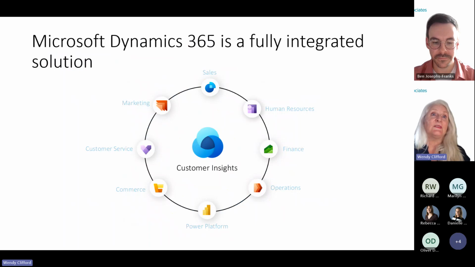The customer service, sales, and marketing are all part of what is known as customer engagement. So that's our focus. We don't really operate in the finance world. However, we do have a Power App that will work on Dynamics 365 customer engagement that will provide a human resources solution, for example.